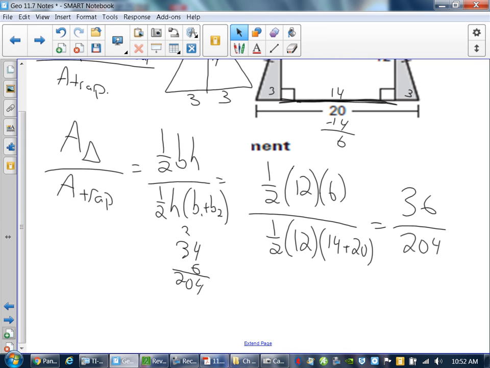That's just a 9 over 51, which is 3 over 17. I don't know what that decimal is. Was it 0.04 or something like that? It's a matter of pressing the buttons in the calculator. 0.17. I'll do it at the end.